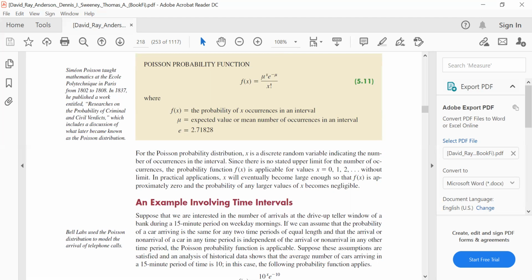So in this Poisson probability function, we have only one parameter, that is mu.